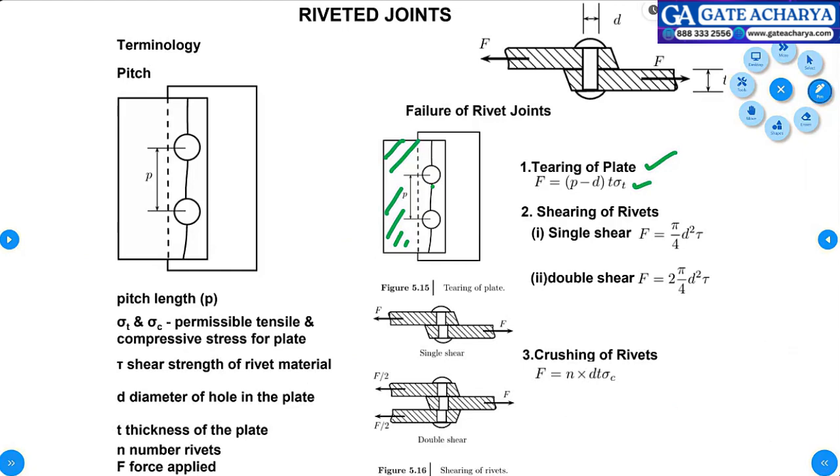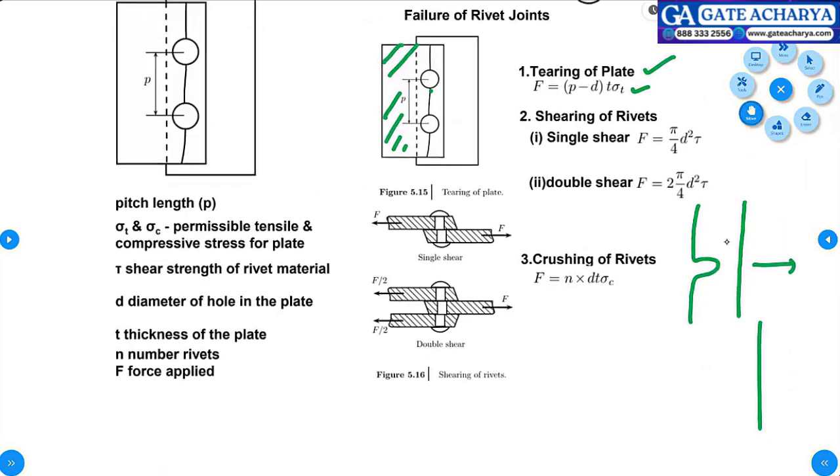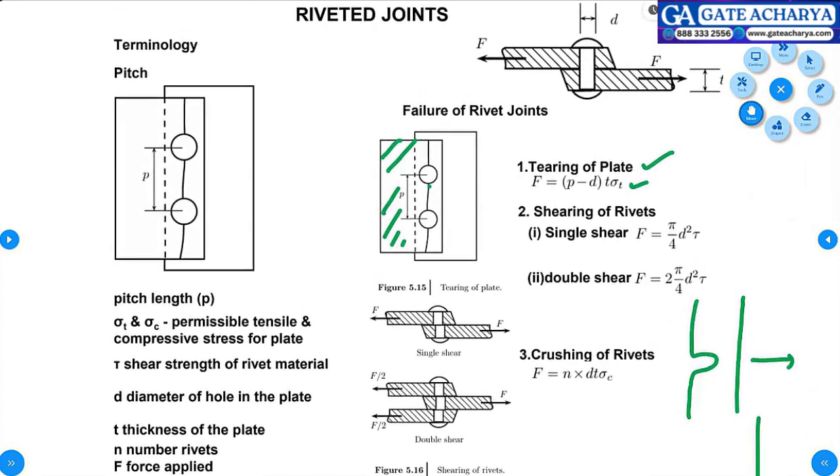Then crushing of rivet. See what will happen. This is the rivet. Totally, it does not land up in a failure. Instead, it looks like this. When you apply a load, right? So, what will be this area?